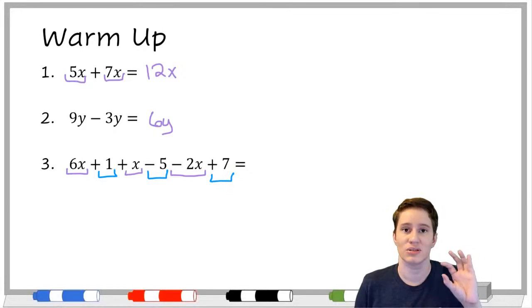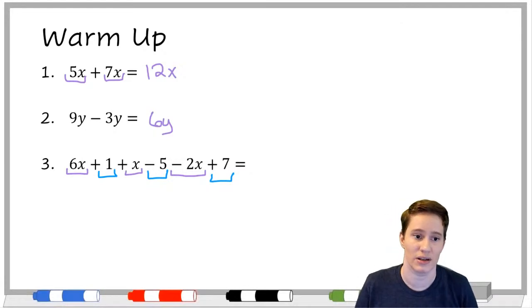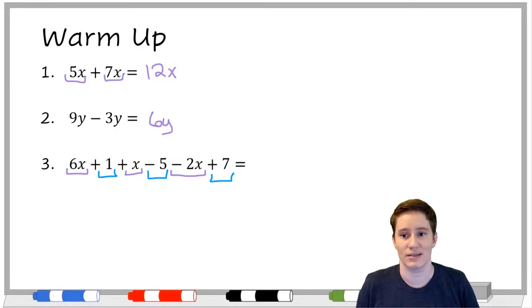But what we can't do is combine x's with just numbers that don't have x's, because they're not like terms. This can be a really tricky thing to get at first, but once you get the hang of what you're looking for that's like terms and what's not like terms, it ends up being pretty easy.